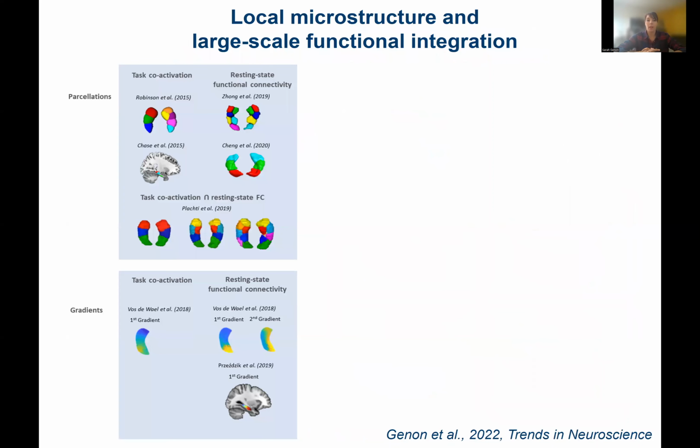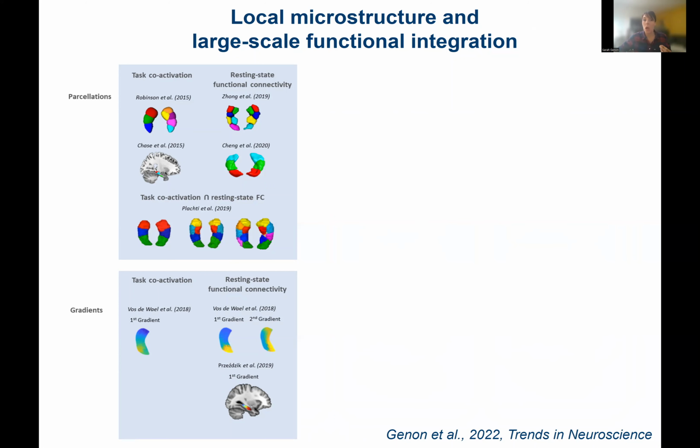And if now we look at the many different parcellation and also gradient studies that have been performed in the hippocampus, we can really see this principle in which approaches that probe local microstructure mainly show a differentiation along the medial-lateral axis, and approaches that probe large-scale functional integration, such as resting state functional connectivity, mainly show this anterior-posterior differentiation.